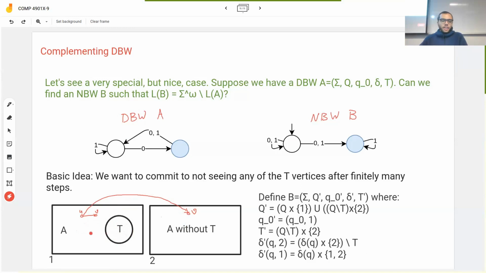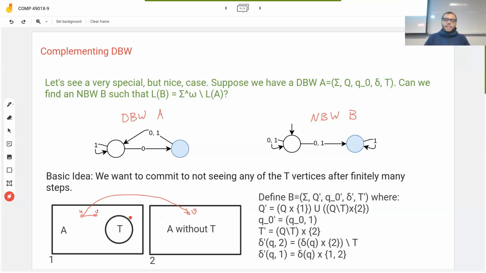I have a run that just remains in A forever and sees T forever, and I have another run that goes to the right-hand side and never comes back because of the non-determinism. And that basically means that this construction will not work if I have a non-deterministic A.